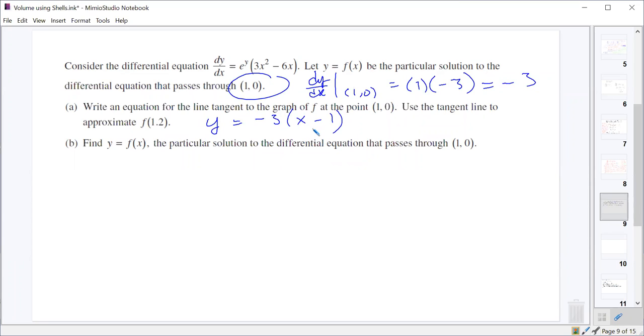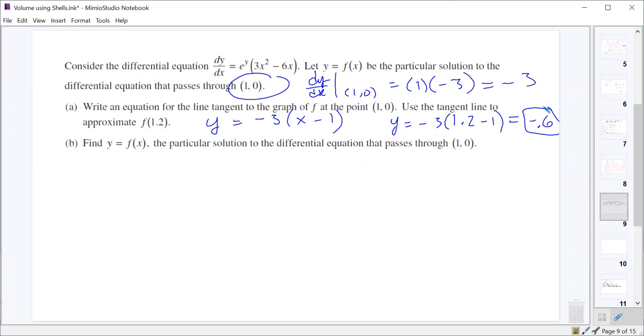And then they again want us to approximate a value of the function using that. So we're going to approximate 1.2. Which looks like it should give us -0.6. And let's see here. How many points did they give you for that?